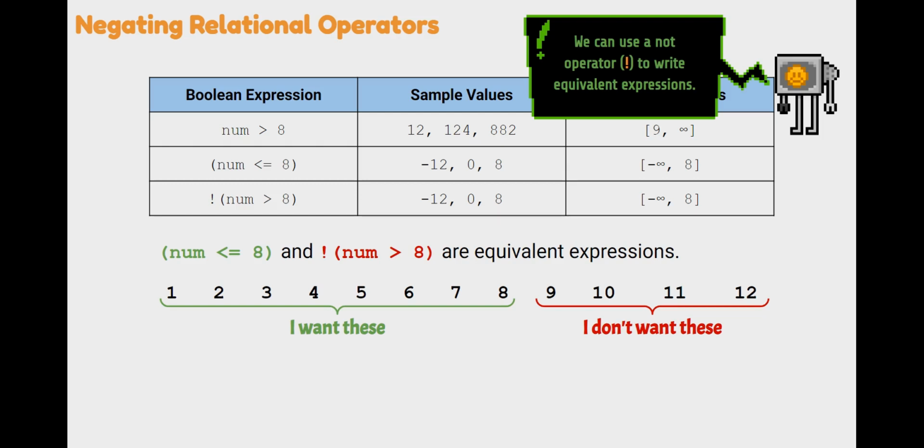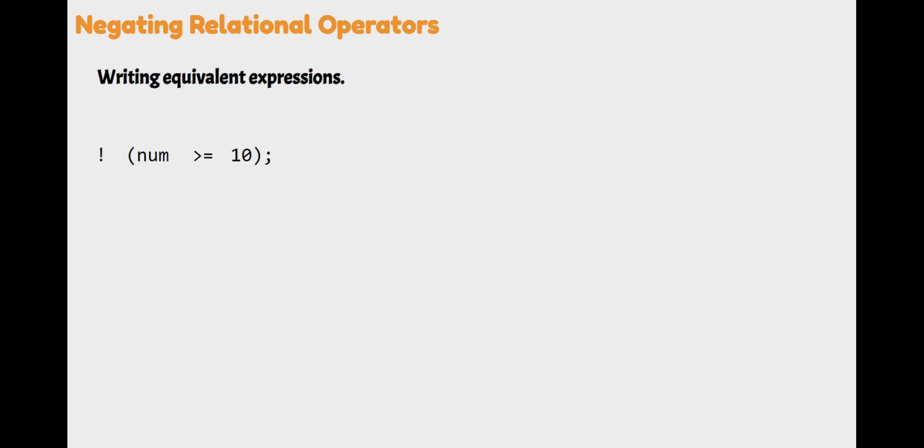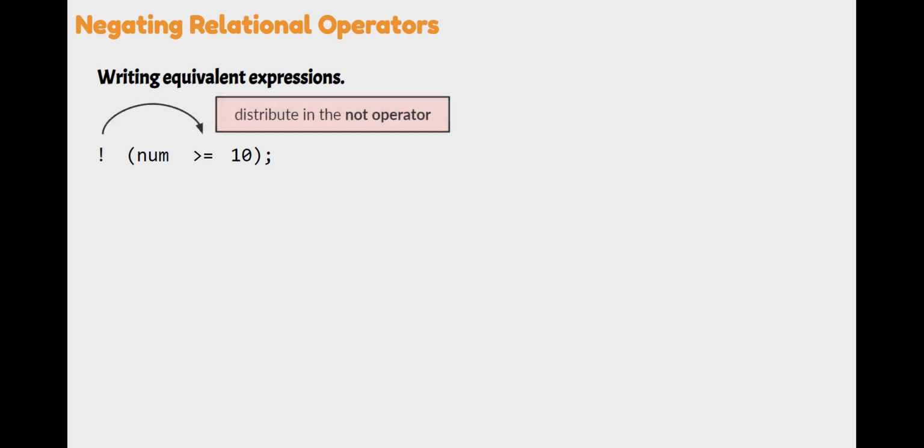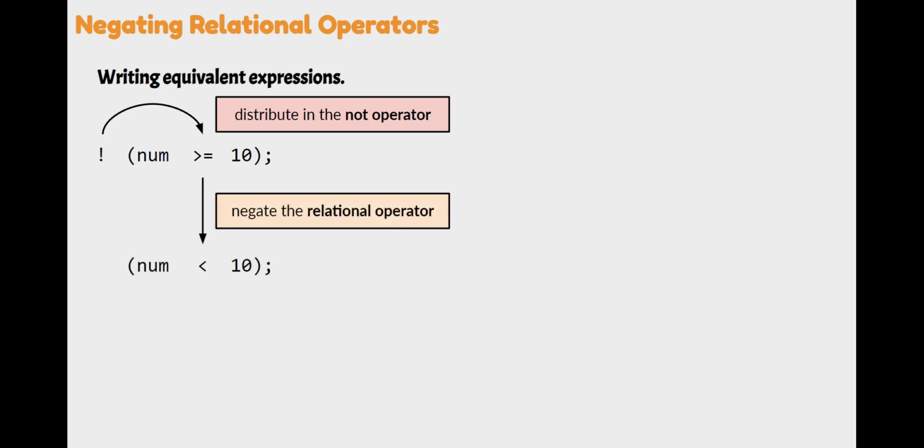We can use a not operator to write equivalent expressions. So when we start off with a Boolean expression and we have the not operator outside of our Boolean expression, if we want to write an equivalent expression, we distribute that not operator into the parentheses, it will meet that relational operator and it will then negate that relational operator.